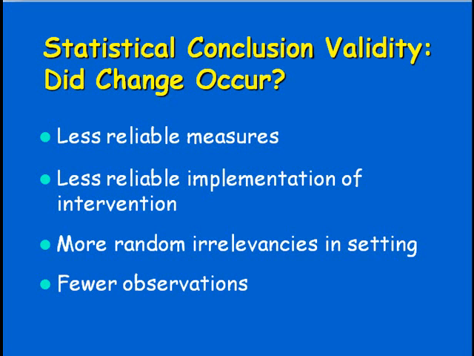The first is statistical conclusion validity. And all that you want to determine there is, did change occur? Threats to that being true are if you don't have reliable measures, or if you don't have a reliable implementation of the intervention.